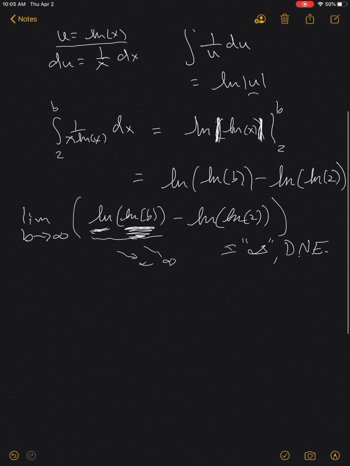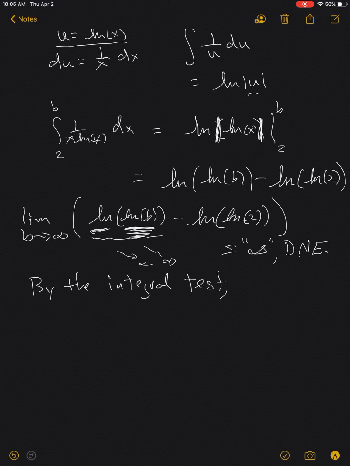And so by the integral test, the fact that this limit does not exist, or that we could say that it diverges, by the integral test, our series also diverges.